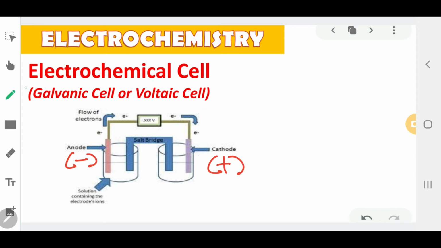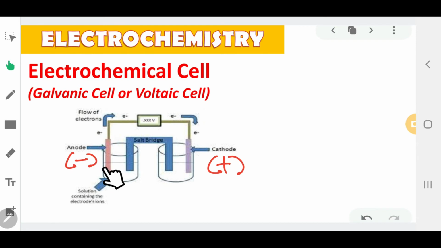And how are you going to remember this? Look at the word cathode. Cathode has the letter T, and T looks like a positive sign. Therefore, cathode will be the positive terminal. Okay? And then the electrons will flow from a place with a lot of electrons.